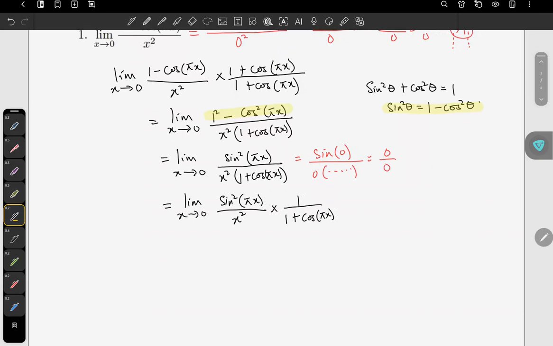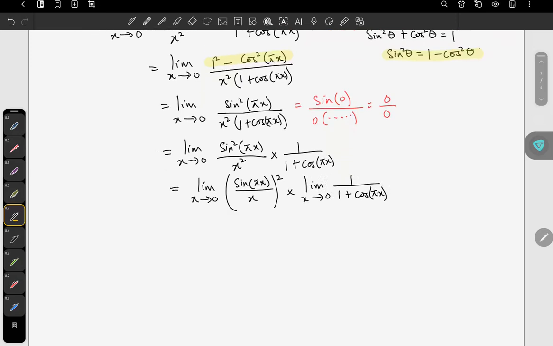And this is the same thing as the limit, we can break this down, the limit as x tends to 0 of sine pi x over x squared times the limit as x goes to 0 of 1 over 1 plus cosine of pi x.